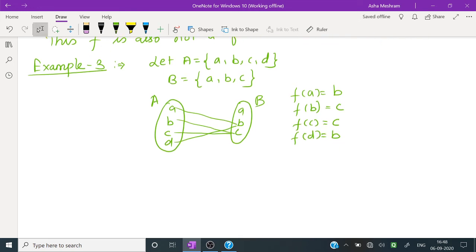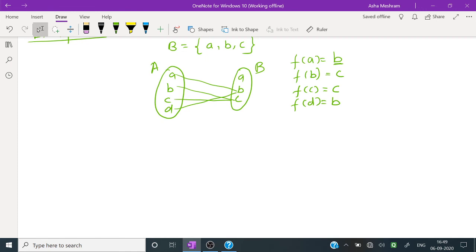So here all the elements of set A are assigned to some element of B, and that assigned element is unique, means a has only one image b, there is no other image for a. b has image c, c is mapped to c only, d is mapped to b only. So here the definition of function is satisfied.